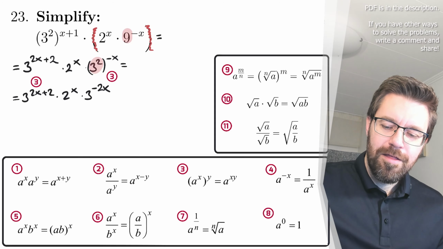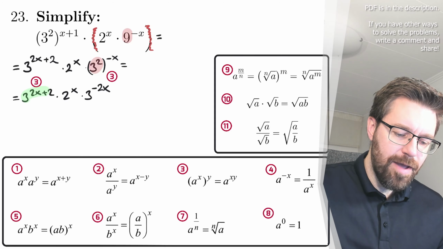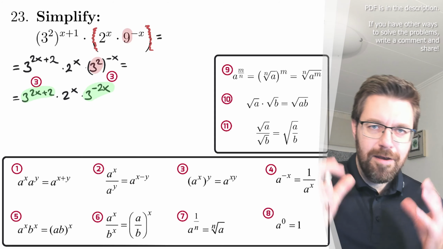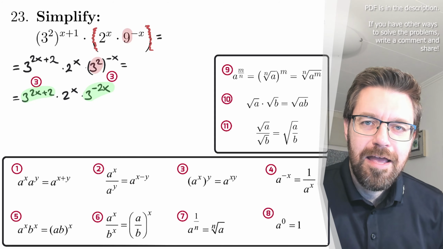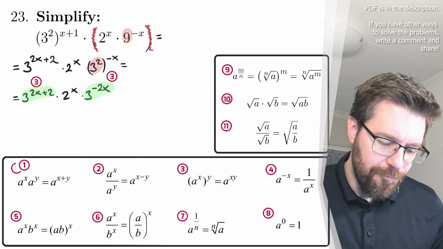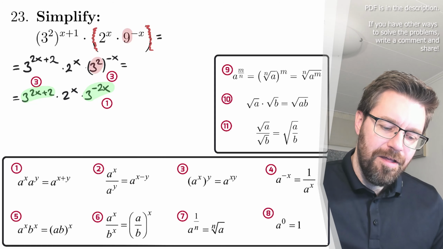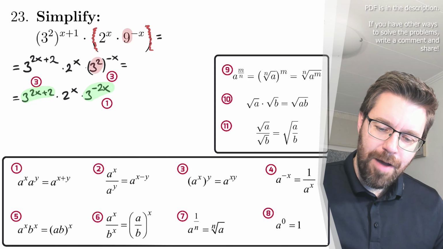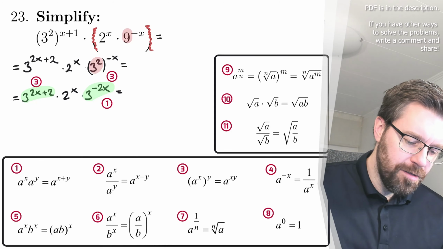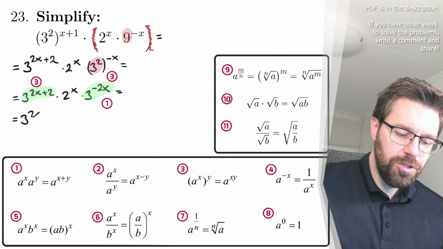Okay, so the powers that have the base 3, then we can add the exponents because of rule number 1. So the green powers is equal to 3 raised by 2x plus 2 minus 2x.